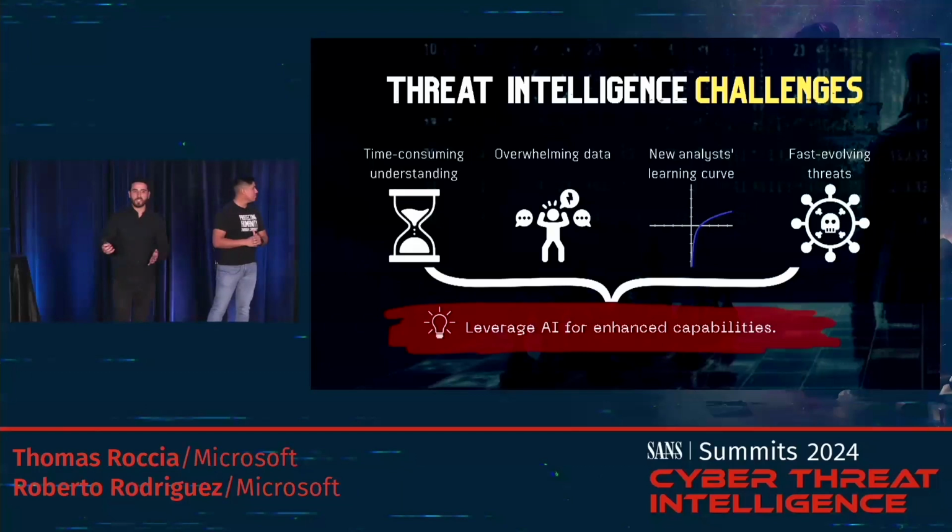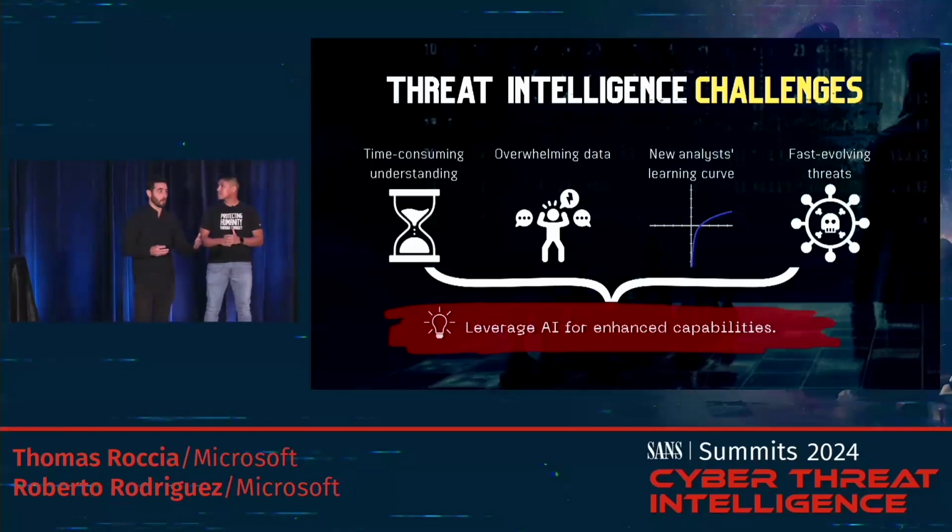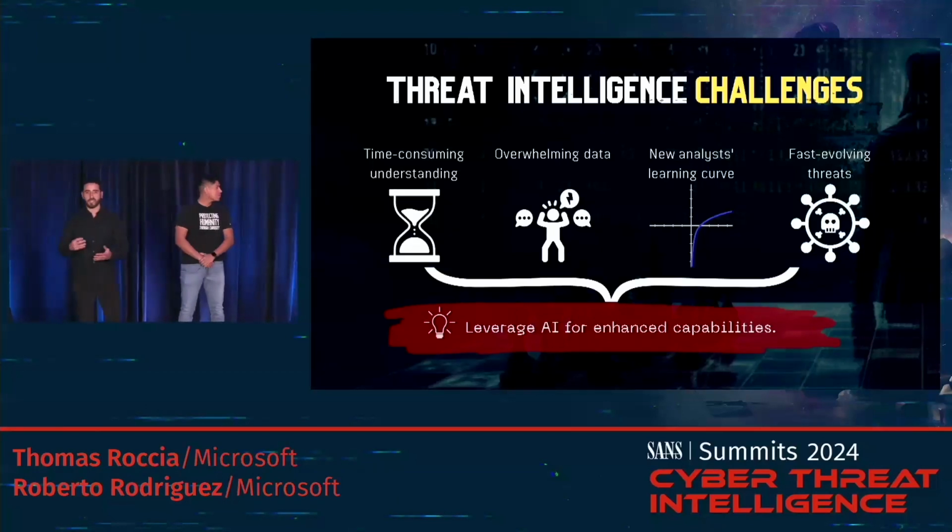But first, let's discuss some threat intelligence challenges we may have. Working in threat intelligence can be a bit difficult because it requires a big understanding of the threat landscape. Sometimes you are tracking threat actors for a long time, and it can be very time consuming to understand all the TTPs used by a specific threat actor. Also, there is a lot of information available. There is no day without a new threat report, without new data to process in your defense. And sometimes the data can be overwhelming.